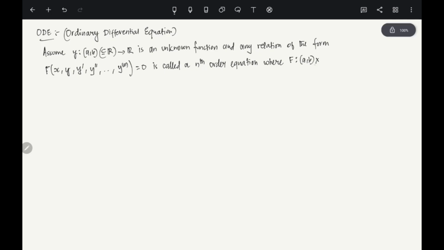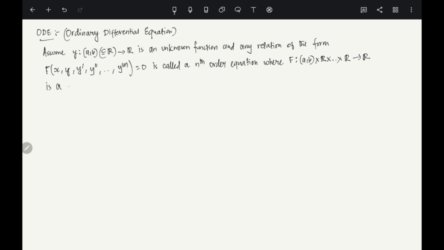So AB cross y. What is y? For every x, y of x is in R, so this is in R, cross the nth derivative of y, that is also in R.